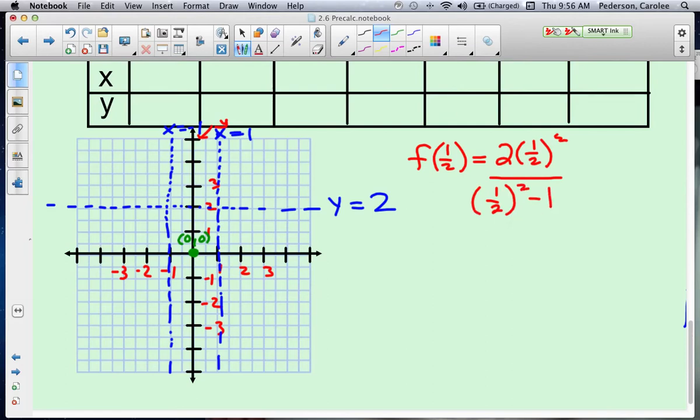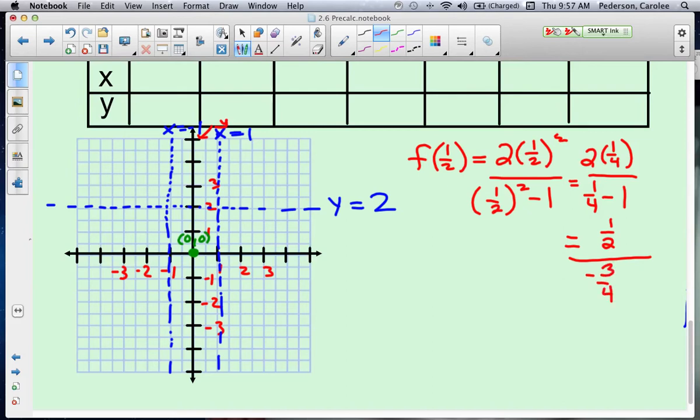Now we have some reducing to do. 1/2 times 1/2 in the numerator is 1/4. Then 1/2 times 1/2 in the denominator is 1/4. Now I'm going to reduce that numerator. 2 times 1/4 is 2/4, or 1/2. And then 1/4 minus 1 is negative 3/4.